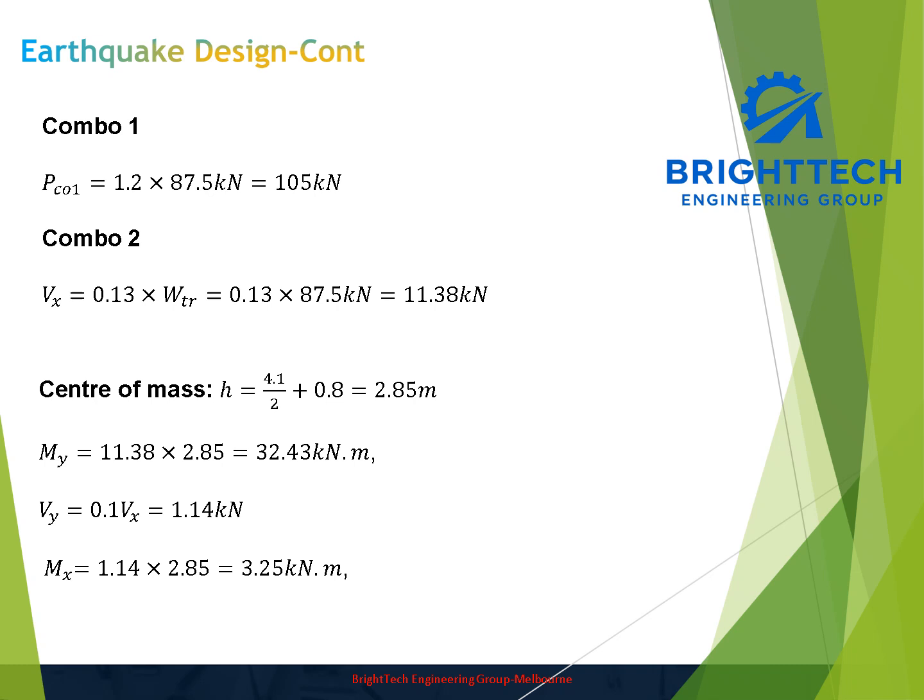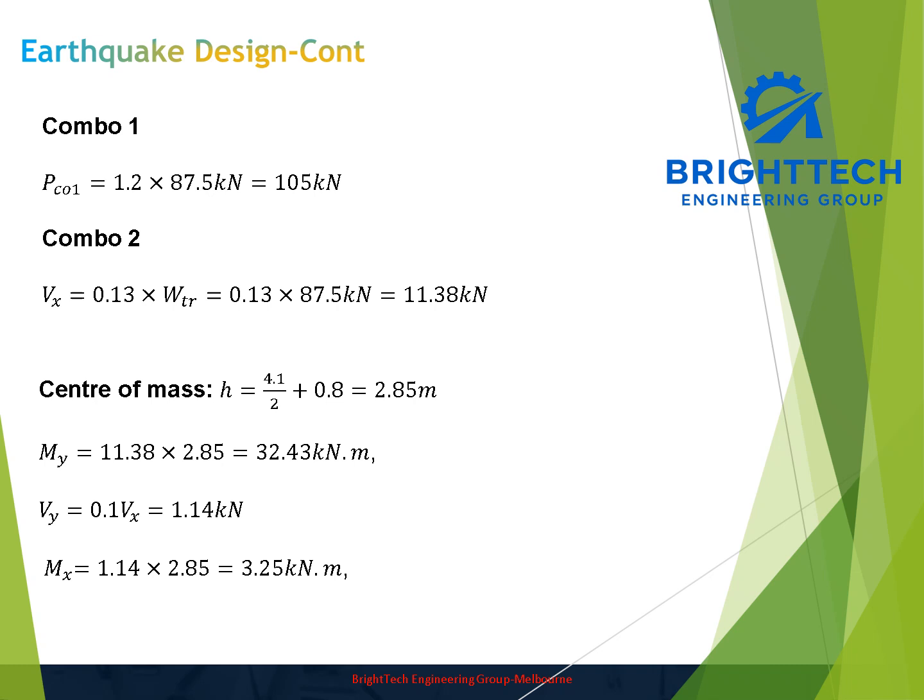Load combination 1 is 1.2 multiplied by 87.5 kilonewton, is 105 kilonewton. Combination 2, which is for the earthquake, is 11.38. We need to calculate the center of mass, which is the height 4.1 over 2 plus 0.8, which is considered as the depth of the footing.